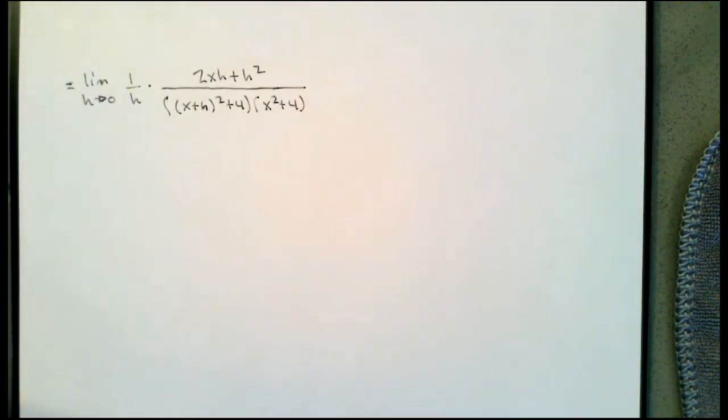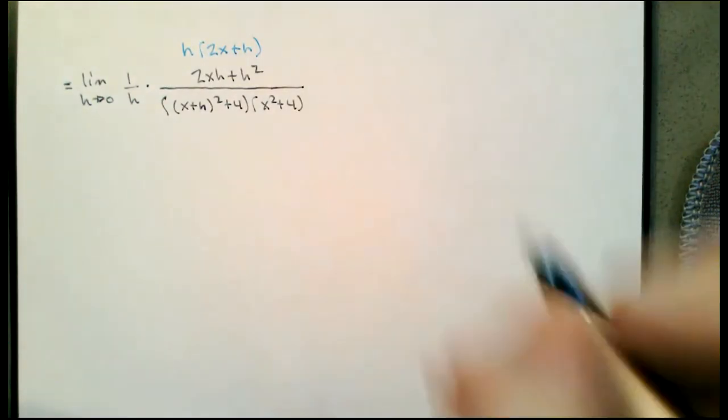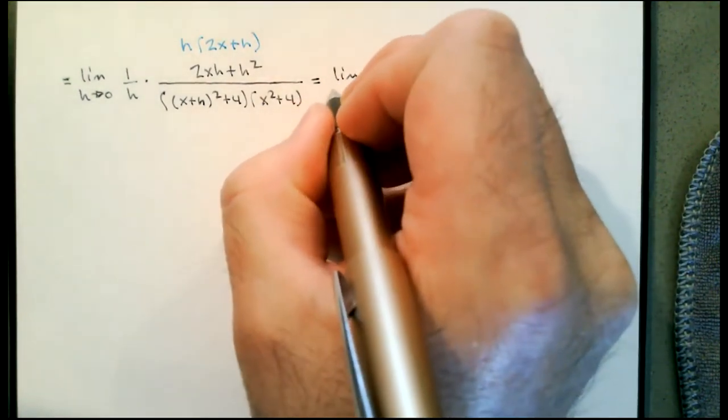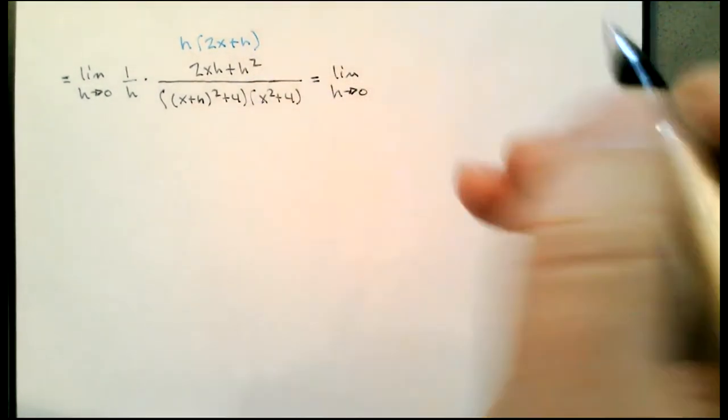Now that we've simplified the expression, we can factor an h out of the numerator. That cancels it out. Then we can just plug in h equals 0. So the numerator here, if I factor an h out, we're left with 2x plus h. So we have the limit as h goes to 0.